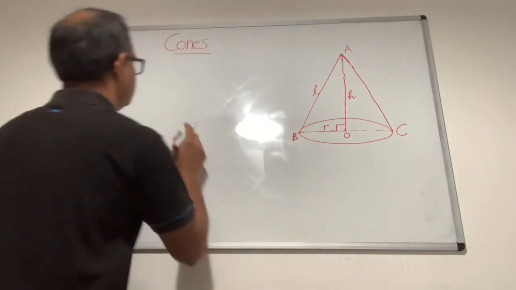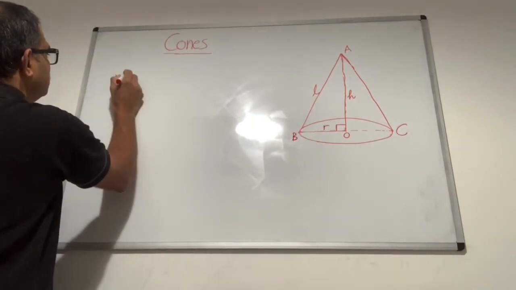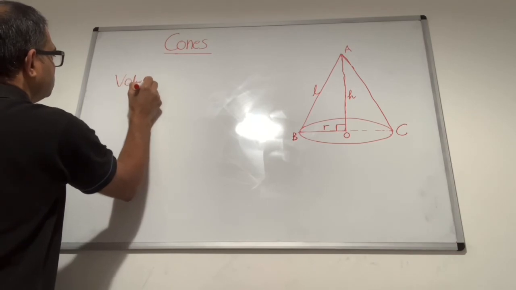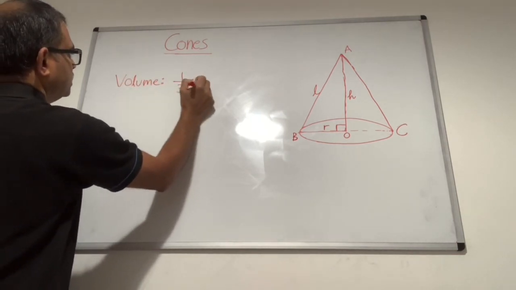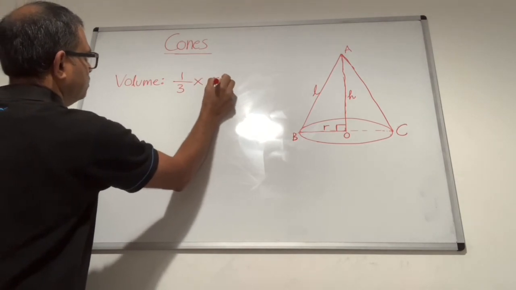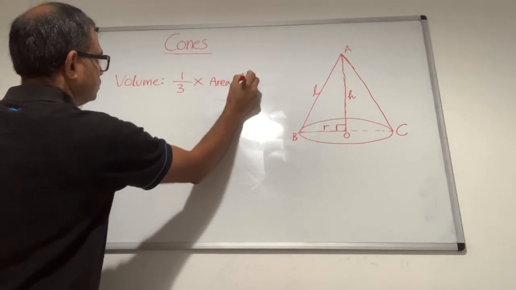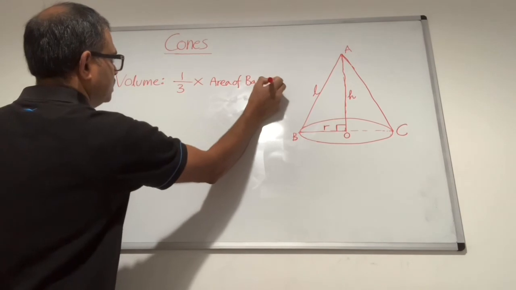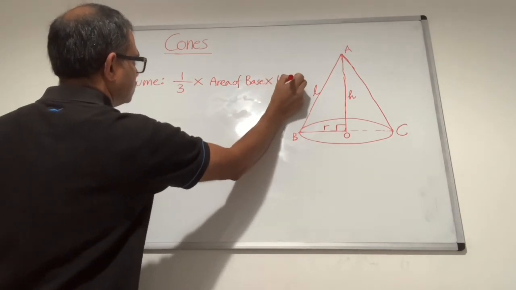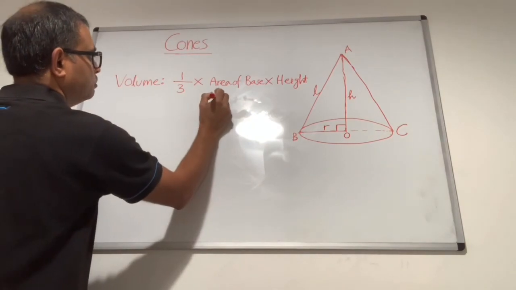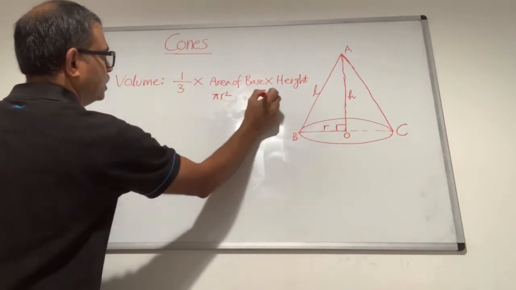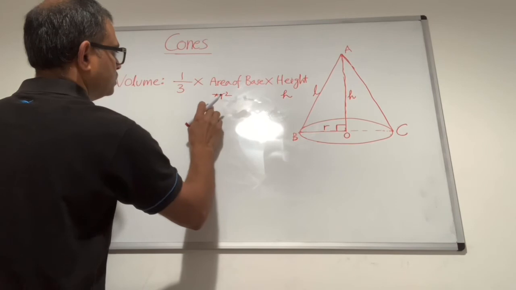It is the same as the previous one: 1 by 3 into area of base into height. Area of base would be pi r square, and height would be that h.